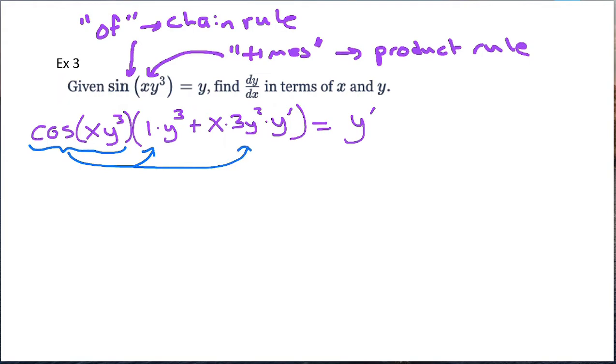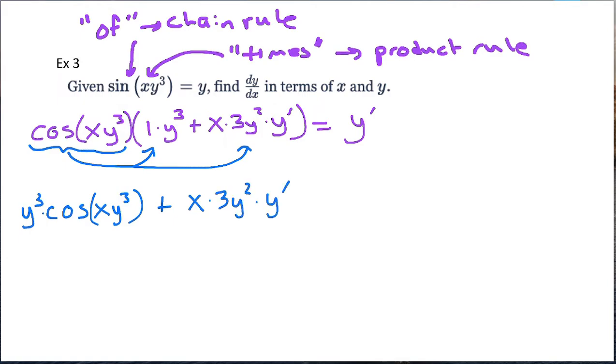If I do that, I'm going to write this as y cubed cosine x y cubed plus x 3y squared y prime cosine x y cubed equals y prime.